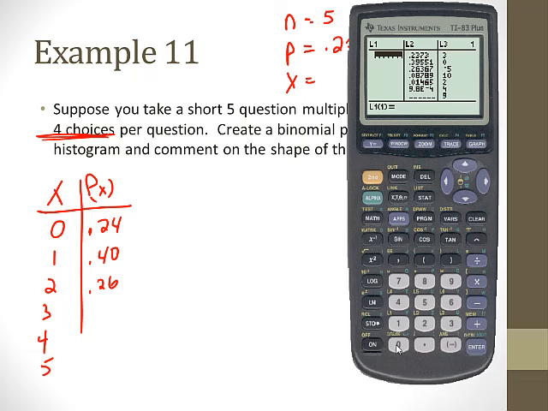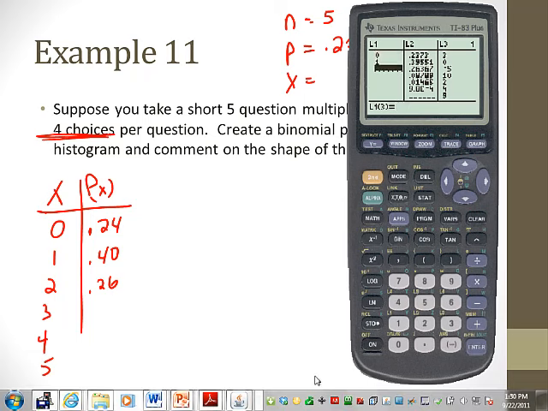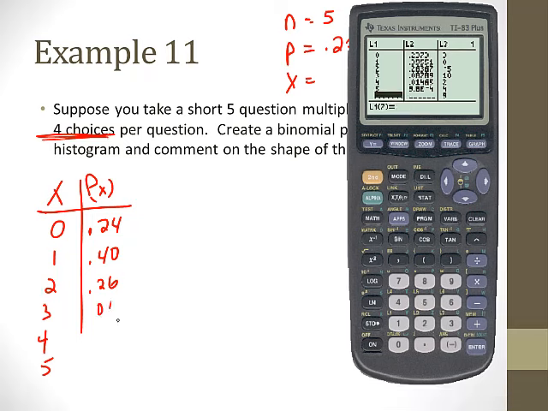So 0, 1, 2, 3, 4, 5. Right. So 3 is 0.08, 4, 0.01, and then 5 is really small, right? 0.00, 1 if I'm rounding.